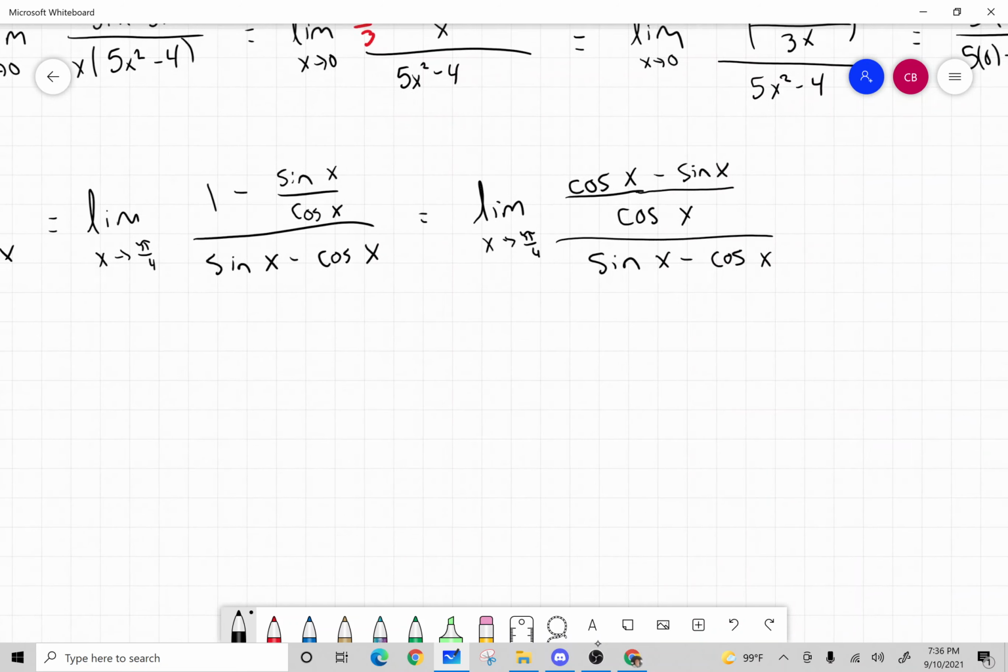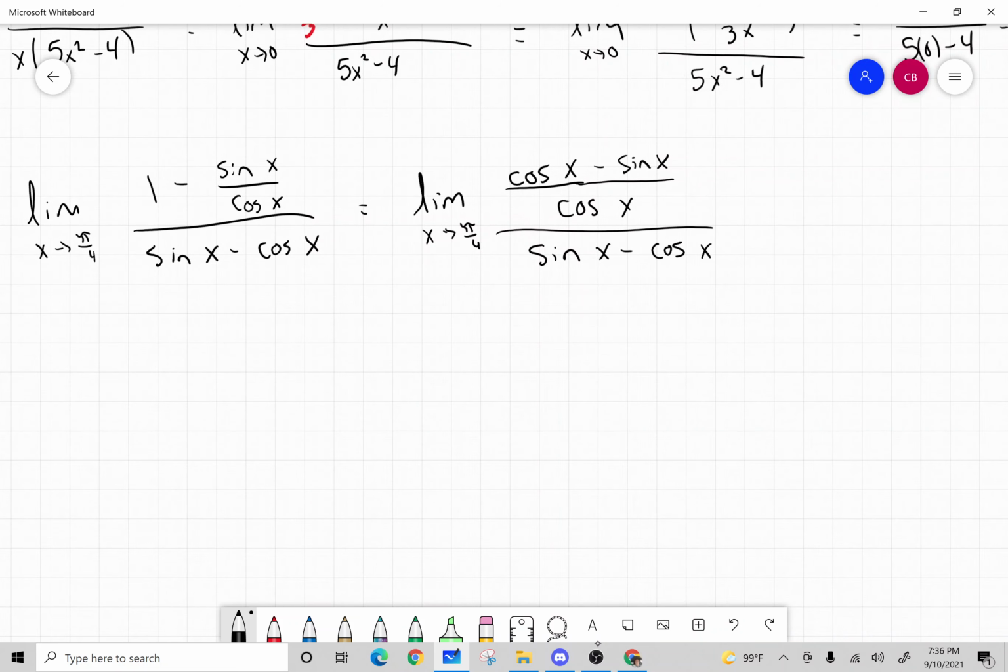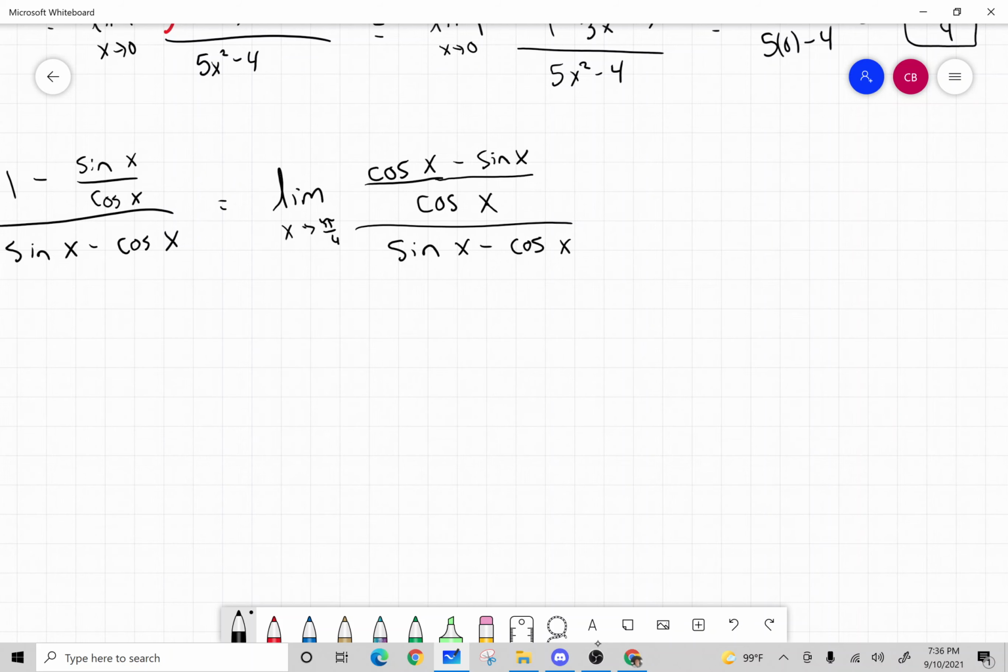So from here, I guess this is an x, not a y. We can keep, change, flip. What that means is multiply by the reciprocal.